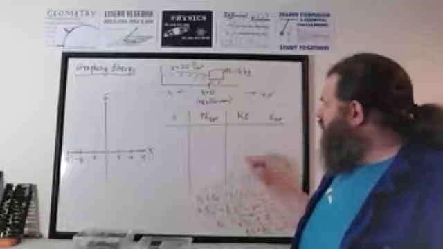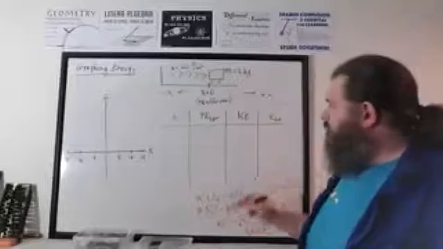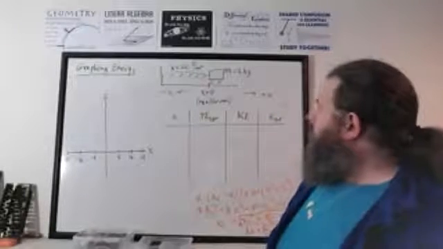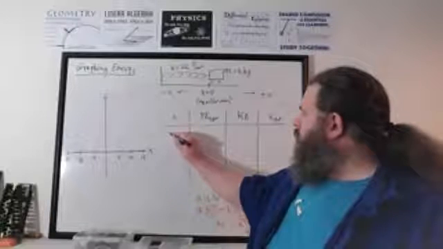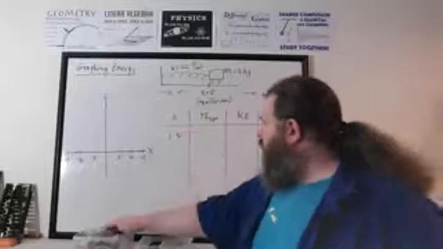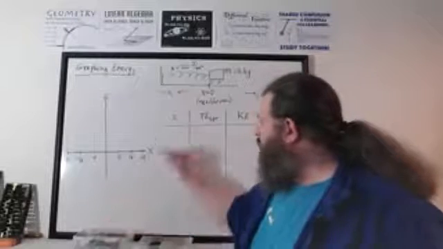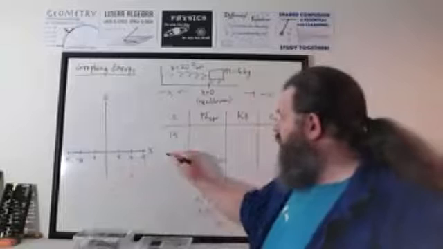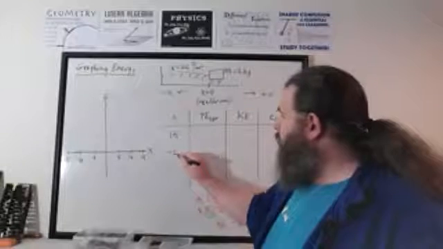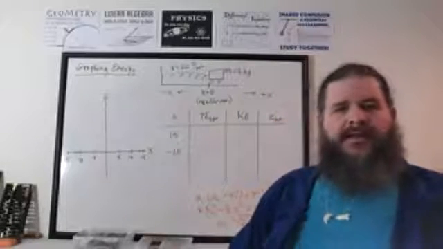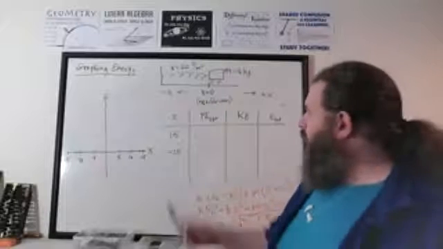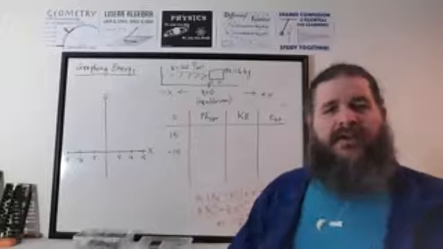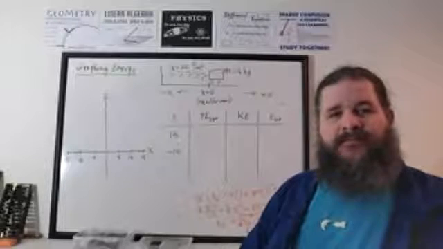And let's try several different X values. We know 15 is going to be important, since that's the furthest it gets to the right. We also know negative 15 is going to be important since that's the furthest it gets to the left. And let's try calculating some of those values. At X equals 15, what's the spring potential energy? Or how could we calculate the spring potential energy?